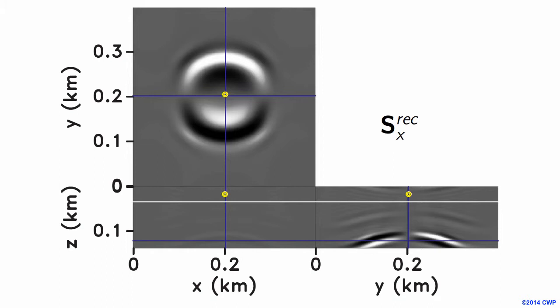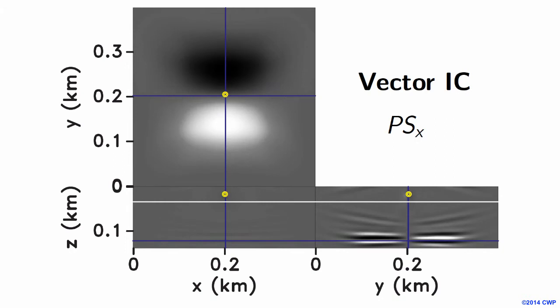So if we do cross-correlation between the P mode and the X component of the receiver side S mode, we get an image with a polarity change. So in the bottom left panel, there is no energy because this panel is chosen at the location where the polarity changes.